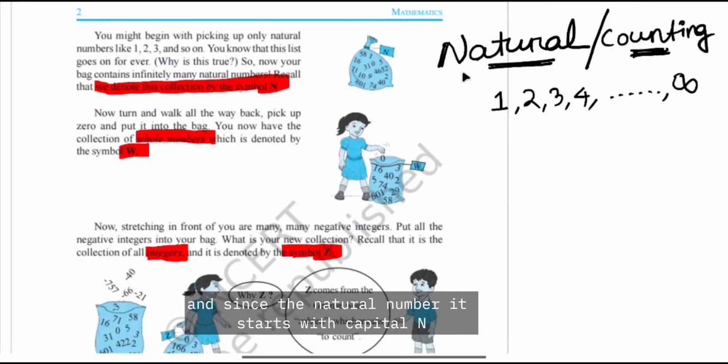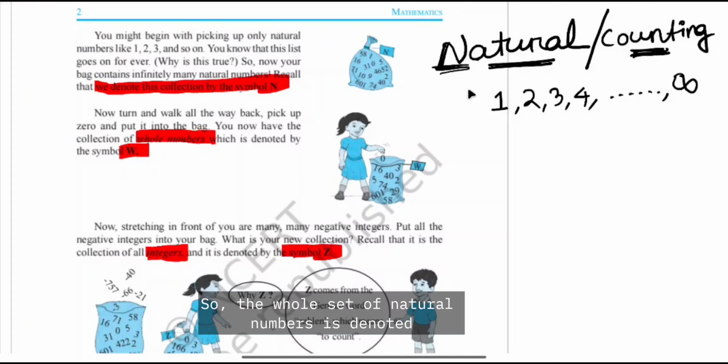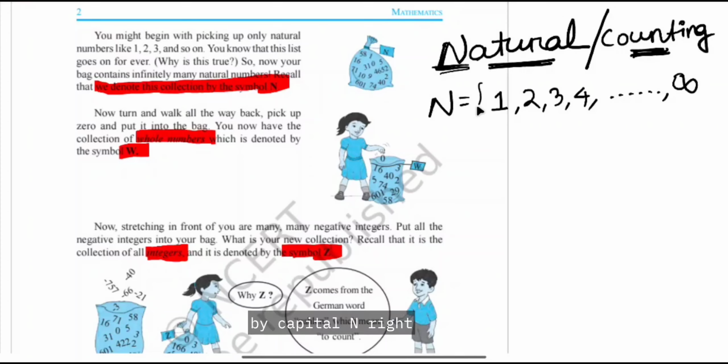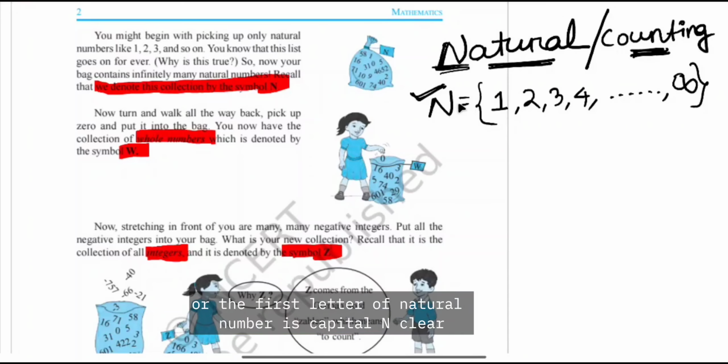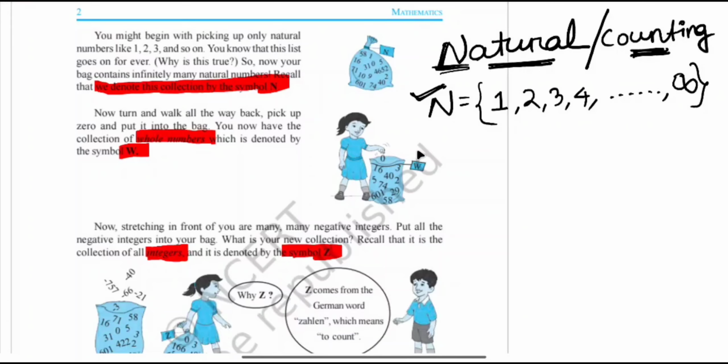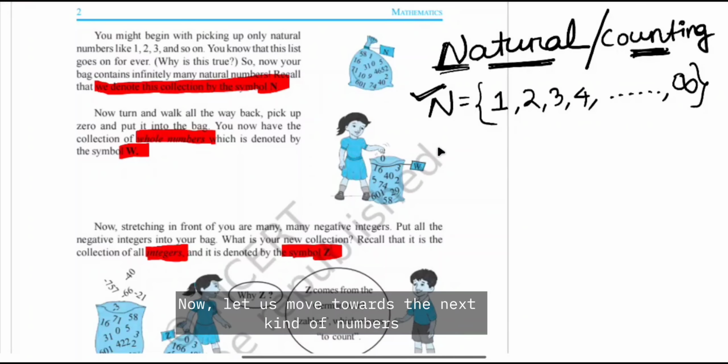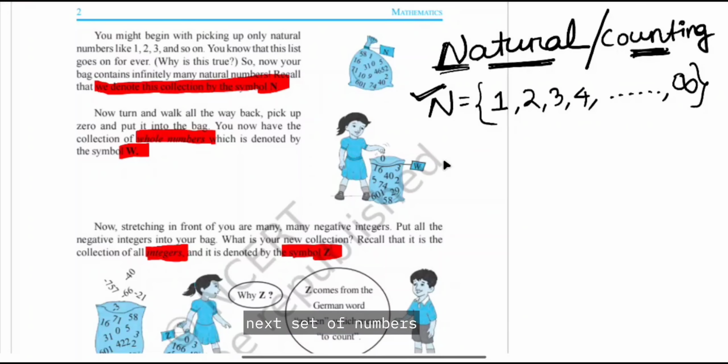Since natural starts with the letter N, the whole set of natural numbers is denoted by capital N. Clear? Now let's move towards the next set of numbers, which is the whole numbers.